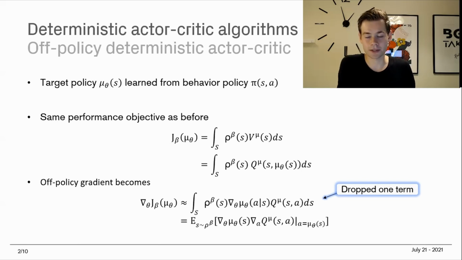And the value function can be written as the Q value function with the deterministic action, because in each state, the value of that state is just going to be the Q value if we act according to the policy that we set for ourselves, because that is 100% of the time how we act.